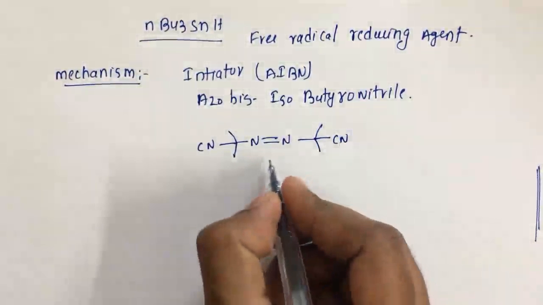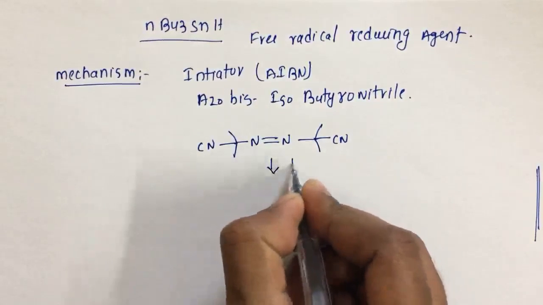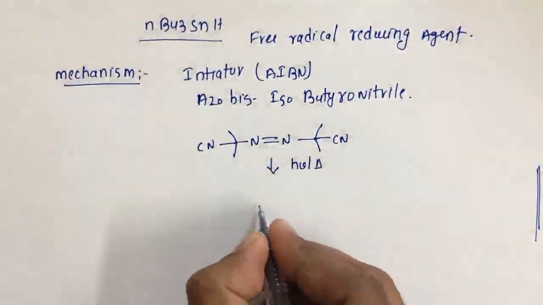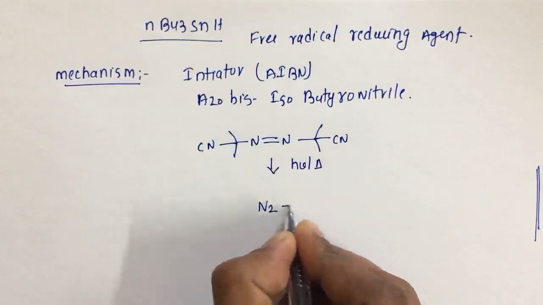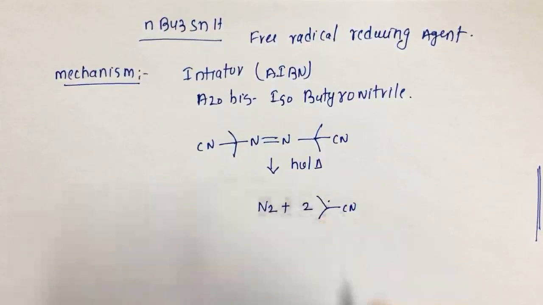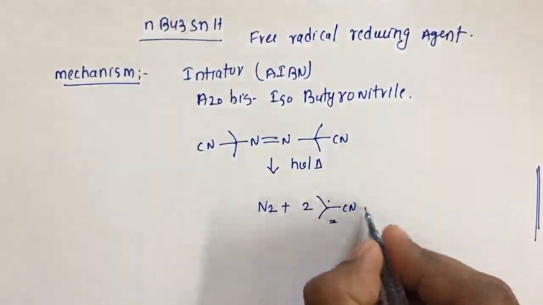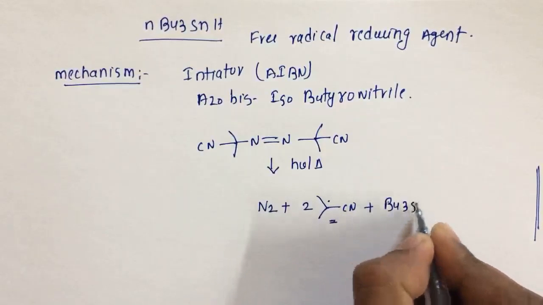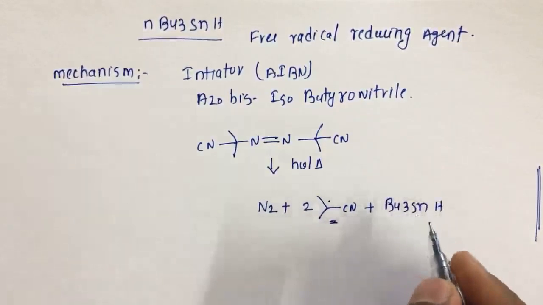When we expose this to photochemical light or thermal conditions, it releases N2 and forms 2 moles of this free radical. Okay, and this free radical reacts with Bu3SnH.